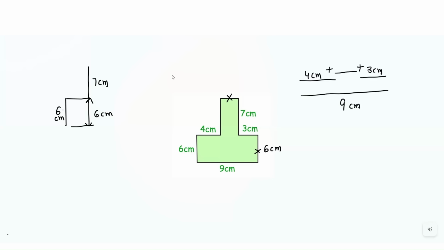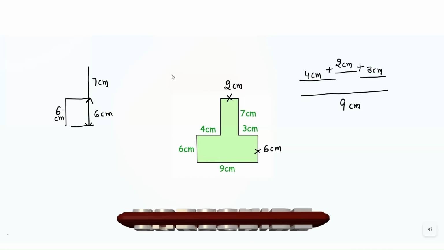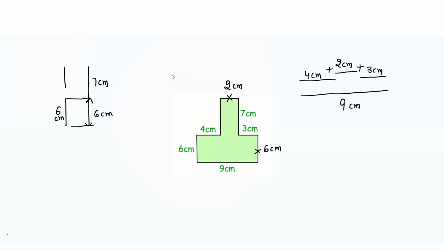So this missing side length will be 2 centimeter. Similarly, they haven't given us this missing side length, this one. It is equal to 7 centimeter, because from here till here it is 7, so it is also equal to 7 centimeter.